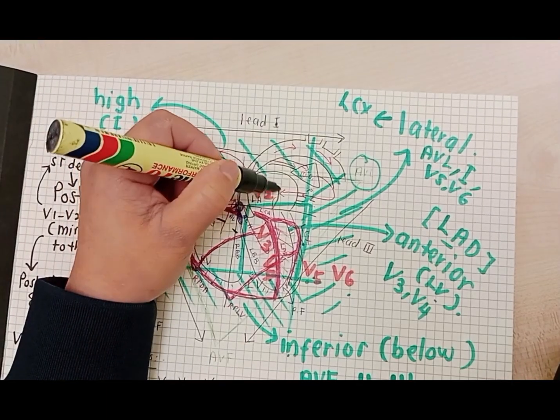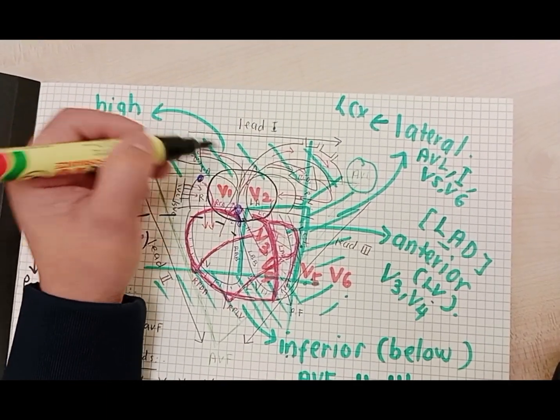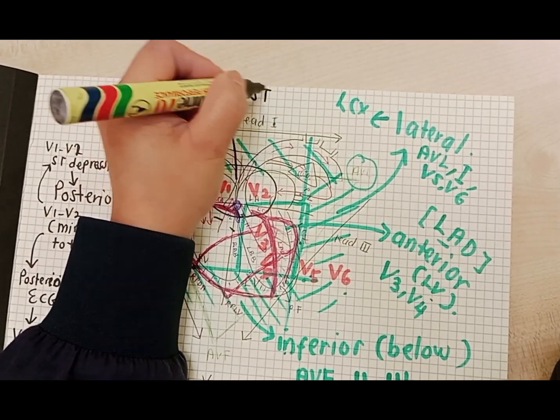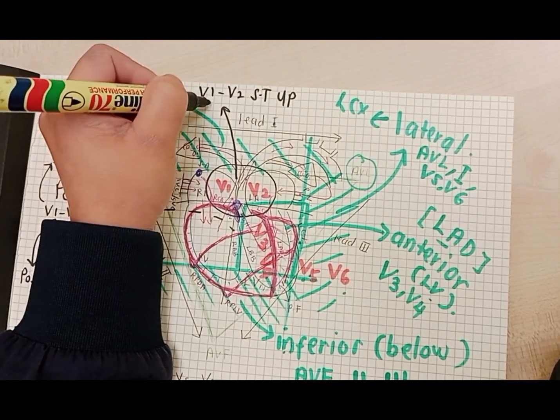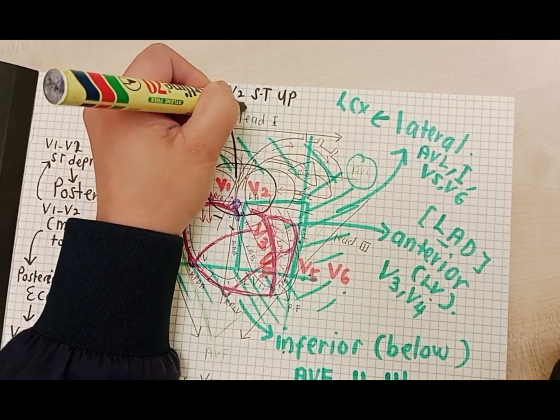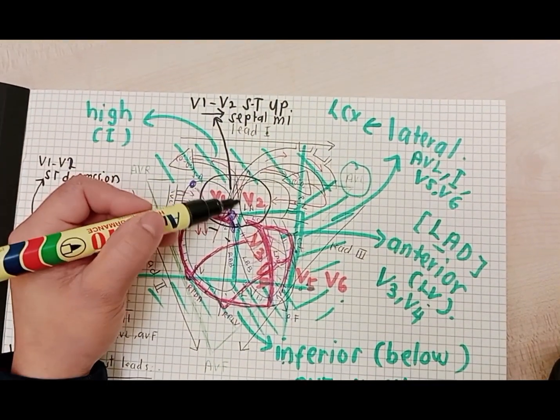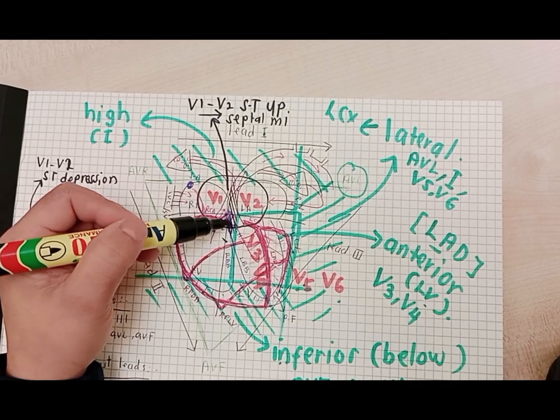And if we see ST elevation in V1 and V2, this is a septal MI, because it is divided by the septum.